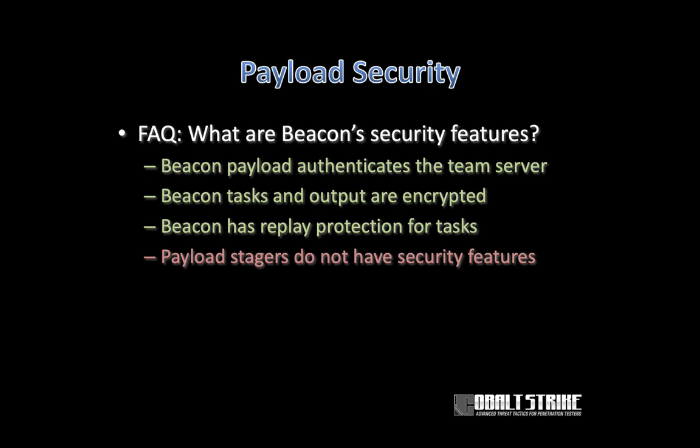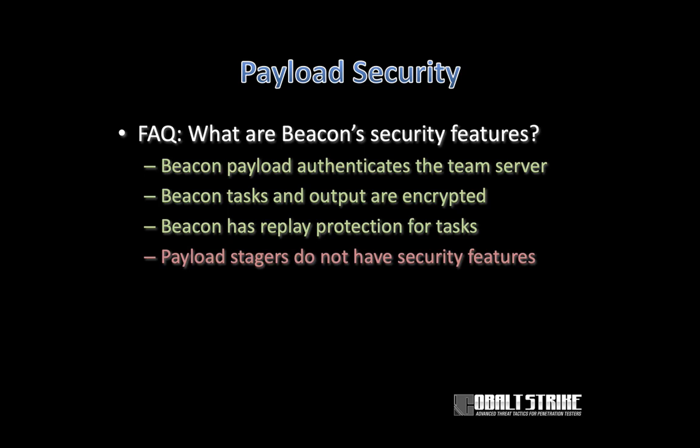I want to cover a topic that is very important background information to have about any toolset that you're using. And that is, what are its security features? I want to cover the security features of the Beacon payload, specifically as they relate to its communication. So here they are.